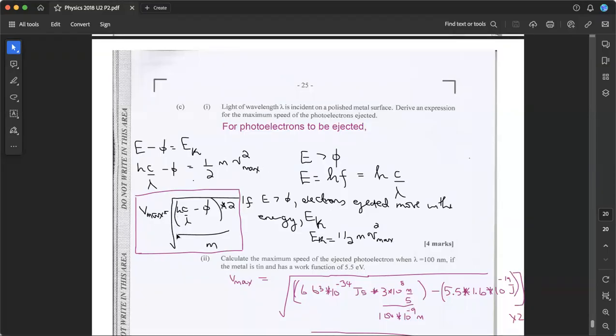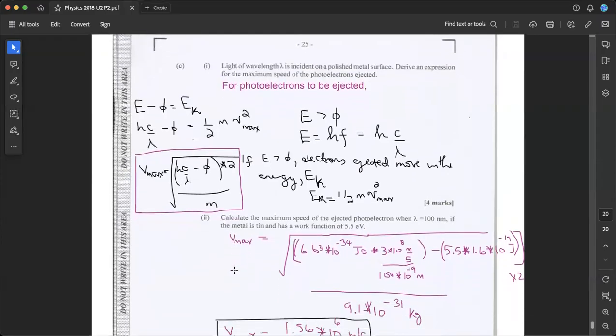To do that, we multiply everything by 2 and then divide by m, the mass of our electron, and then take the square root to get the value for v max. This is our expression for the maximum speed of photoelectrons ejected, in terms of the wavelength lambda they gave us. This is the expression they're looking for here, for 4 marks.